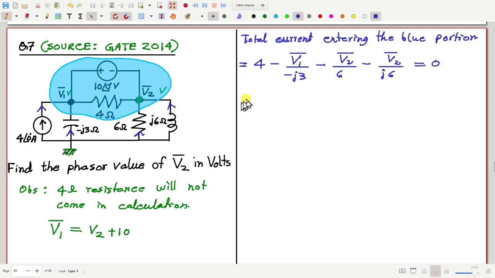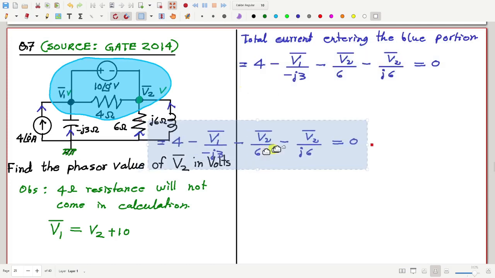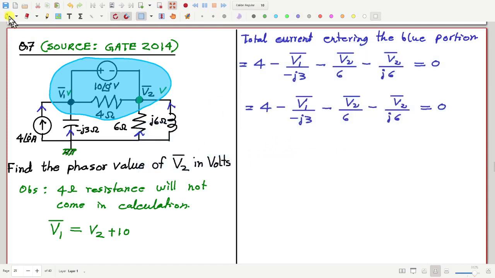Now this equation has two unknowns, V1 and V2, but we already know that V1 is equal to V2 plus 10. So now we have one equation, one unknown. We can just solve for V2.